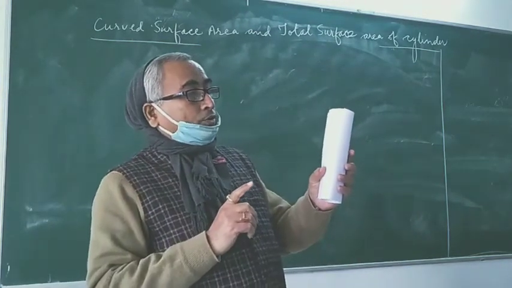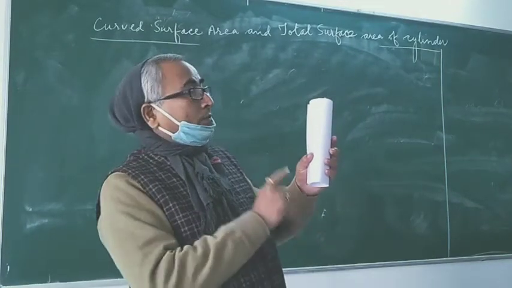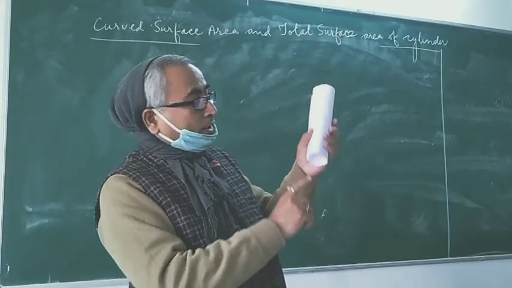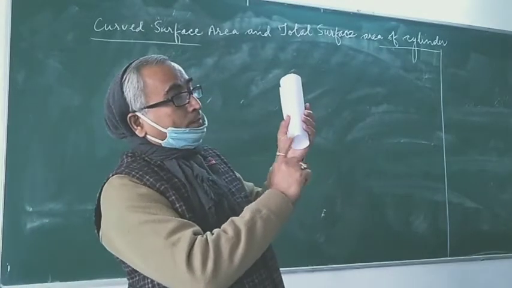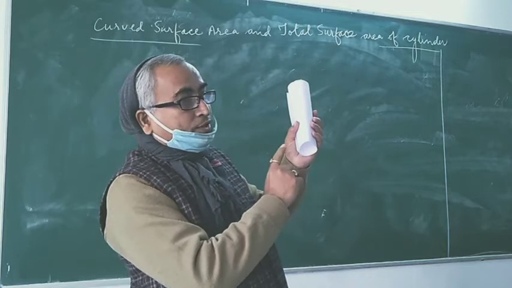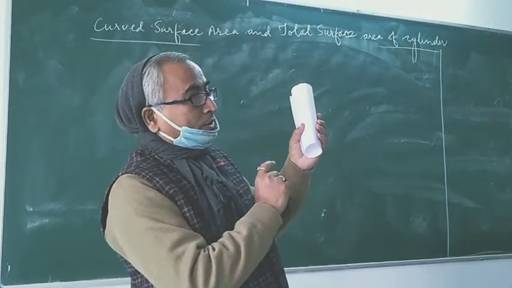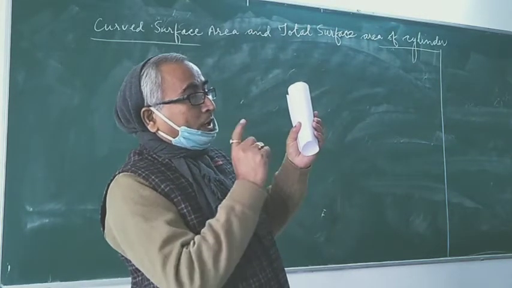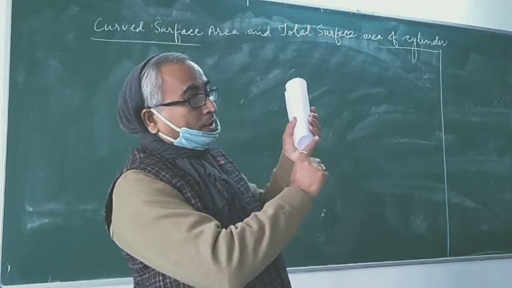Clear? Now see, the length is converted into the circumference of this circular patch. So L is converted into circumference.